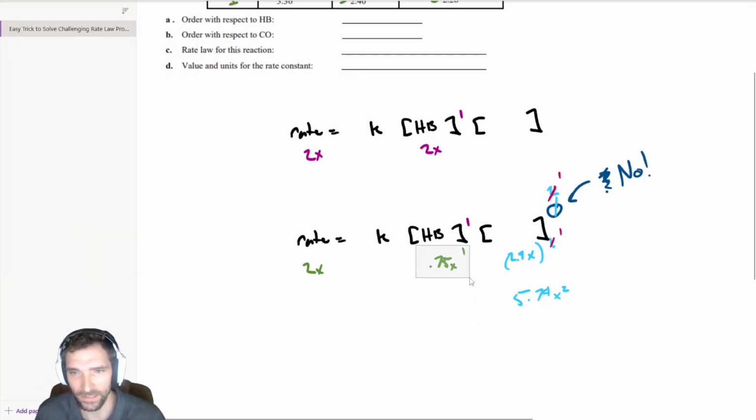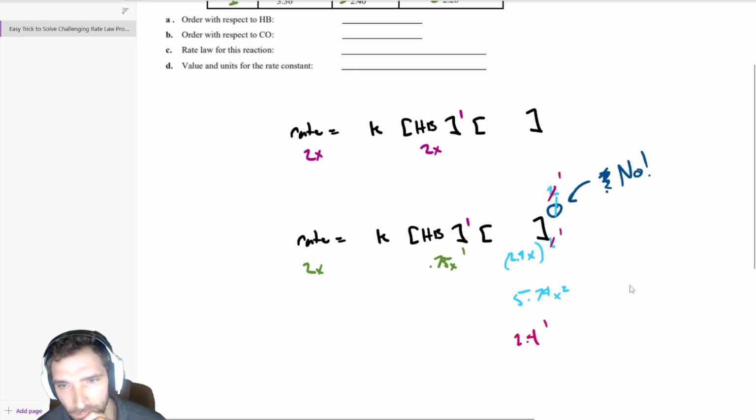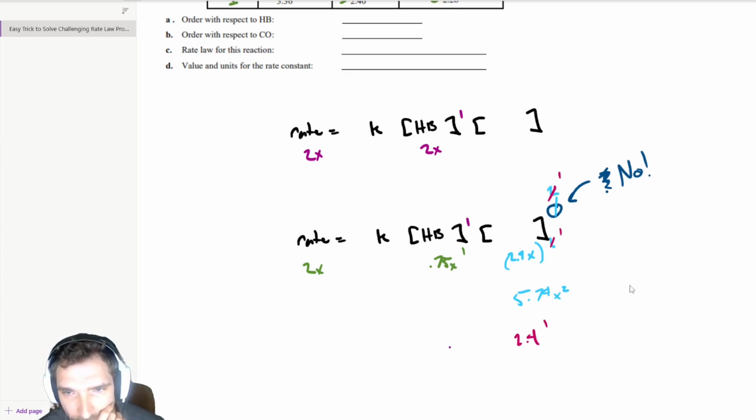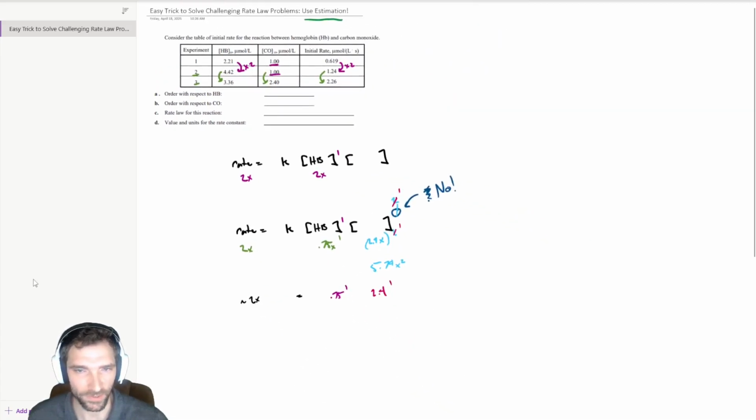I'm definitely doing some big estimations there, but when we have 2.4 up to the first power, and the 0.75 up to the first power, and we multiply those out, we're getting a rate change that is about what we want. So this is a very quick and easy way of going through these problems, just using a little estimation. Does 0 work here? Does 1 work here? Does 2 work here? And would that math out correctly as an appropriate change?